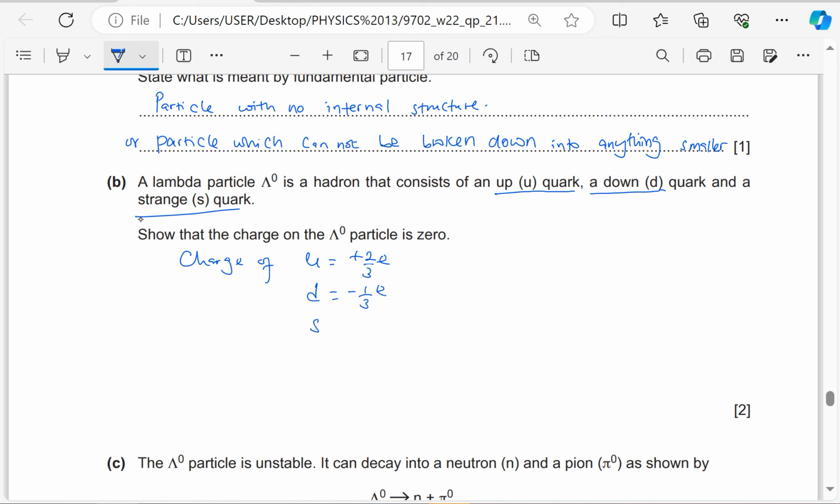The charge of strange is also negative 1 over 3e. So total charge is going to be, remember it is up, down, strange, so it's positive 2 over 3e plus negative 1 over 3e plus negative 1 over 3e, which is going to be 0 over 3e, which is going to be 0.